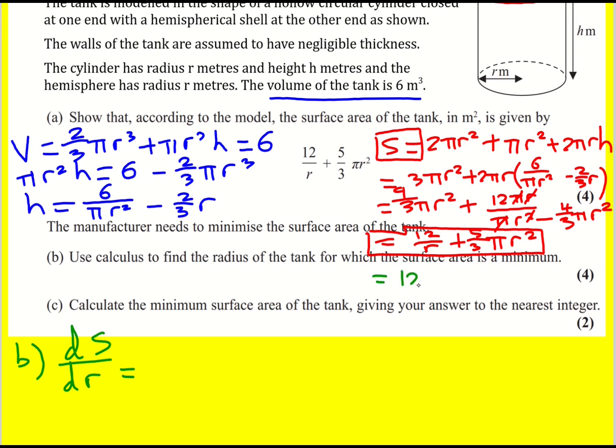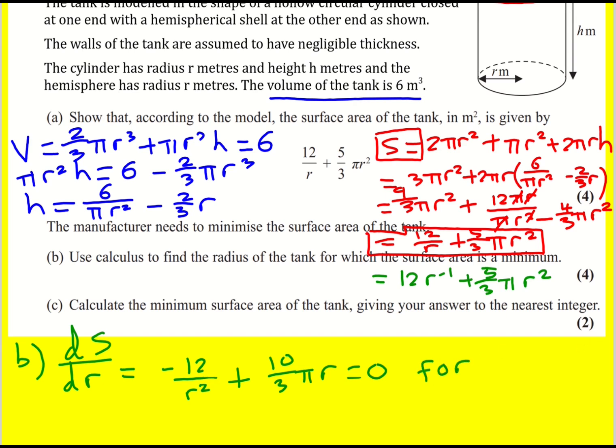Now 12 over r is actually 12r to the minus 1. I'll just write that for a second. So when I differentiate it, I will get minus 12r to the minus 2, which I can then write as 12 over r squared. And then I'll differentiate the r squared to make it 2r, so I'll get 10 over 3 pi r. That's equal to 0 for the stationary points.